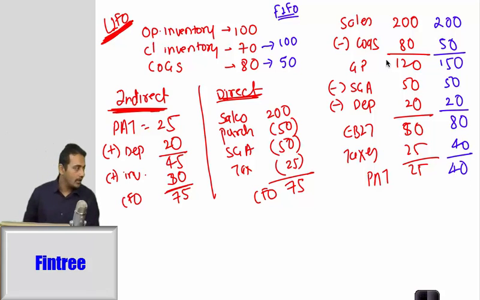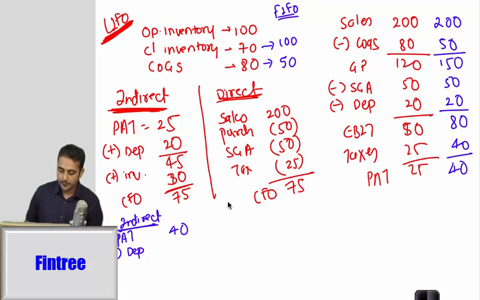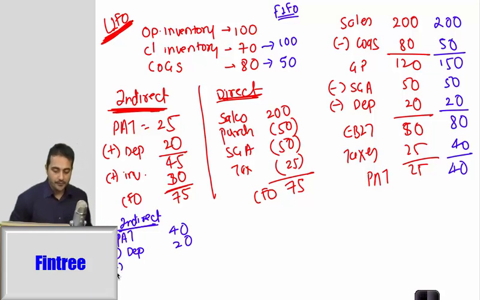Now let us build the cash flow statement using the indirect method. We start with a higher PAT of 40, plus depreciation of 20, plus or minus we have to make an adjustment to the inventory.